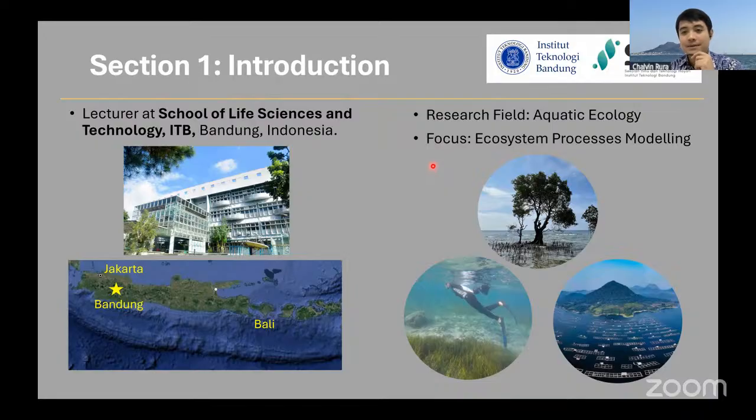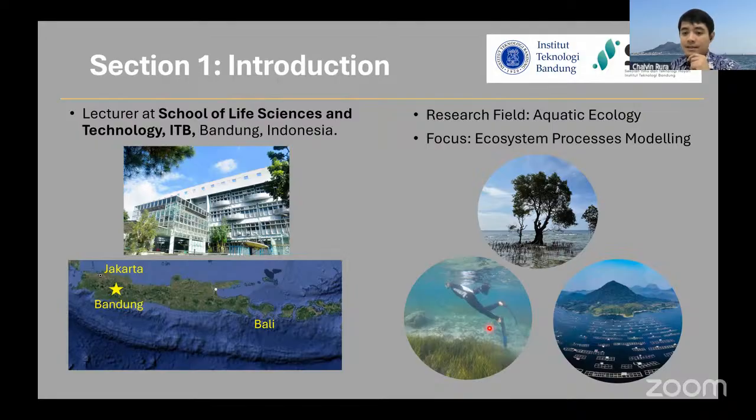So my research field is aquatic ecosystems, but my focus is ecosystem process modeling. It's quite hard because I need to learn many ecosystems. Here I show a mangrove, and here a picture of seagrass, and here a picture of a lake in Java which has many cage-based aquaculture.